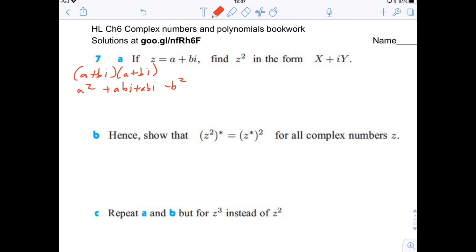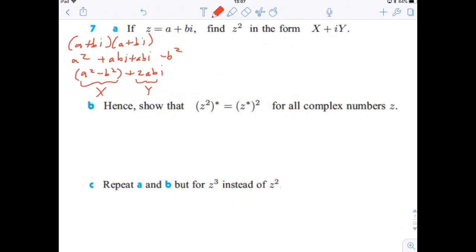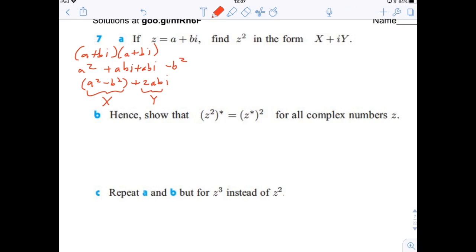So that's equal to a squared minus b squared plus 2abi. So x is equal to that, and y is equal to that. Hence, show that z squared conjugate equals z conjugate squared for all complex numbers z.